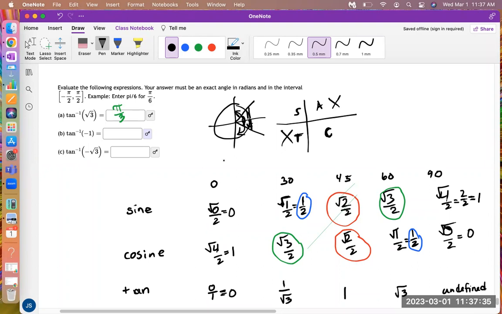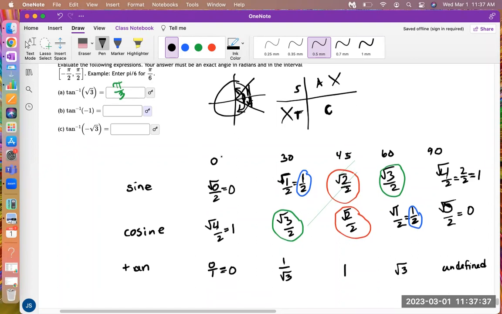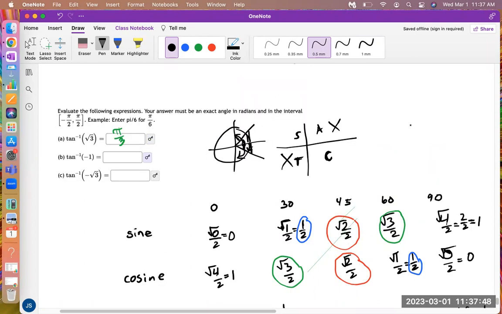So what angle has a tangent equal to 1? Well, tangent of 45 degrees equals 1 from our chart. We have it memorized. So in the first quadrant, a 45-degree triangle would be an example of when you would see tangent positive 1.